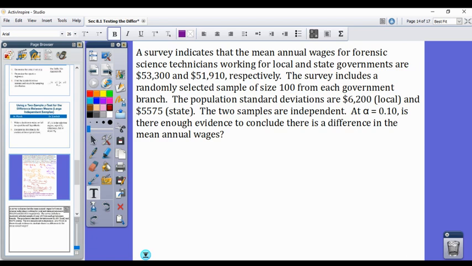Okay, so in this case, we have our claim that there is a difference, and so this one is going to look very similar to the last one that we did.